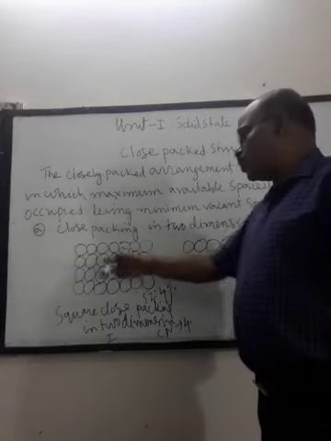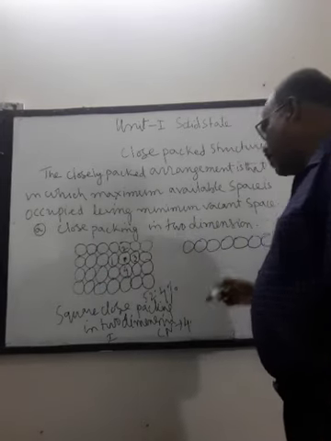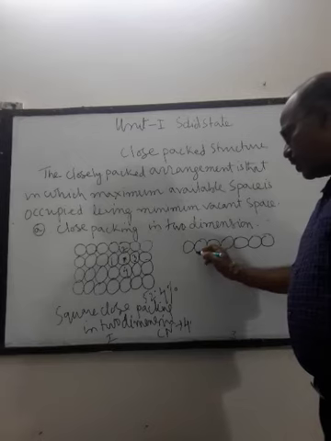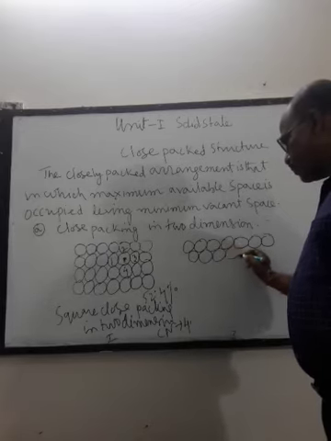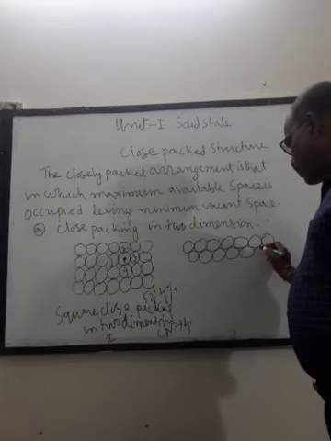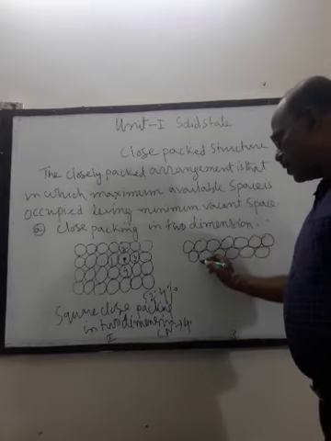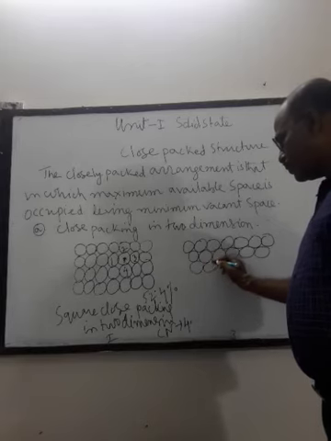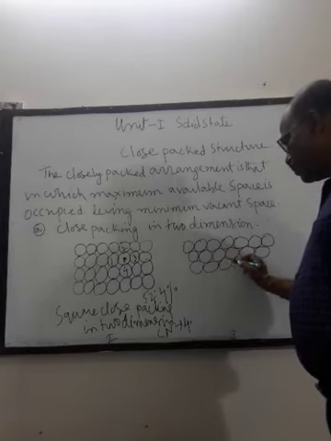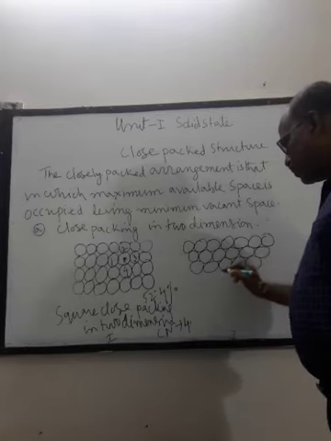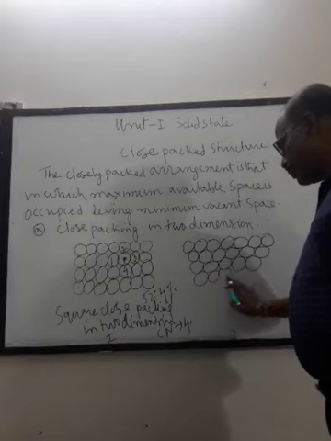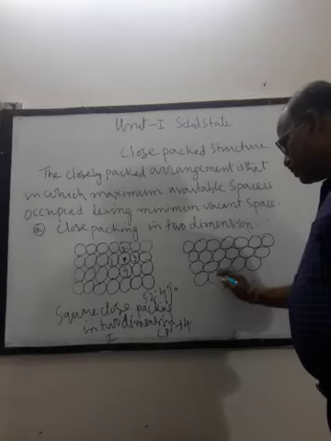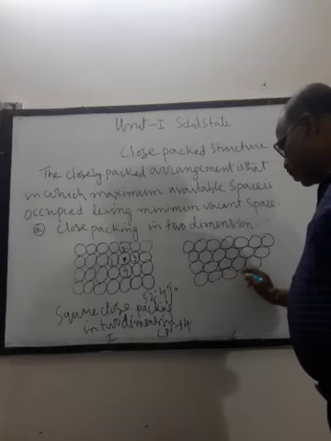In this case there is horizontal and vertical alignment, but the second row is in the depression of the first row. The third row is in the depression of the second row. The fourth row is in the depression of the third row, and so on.